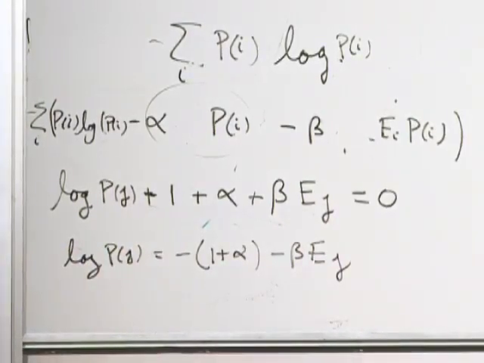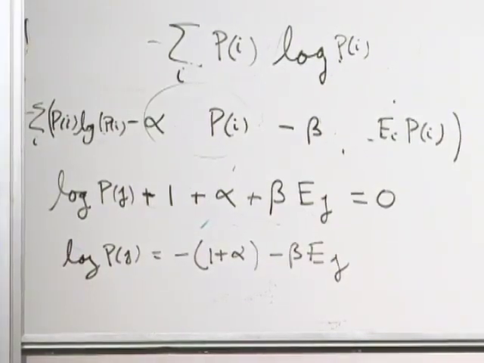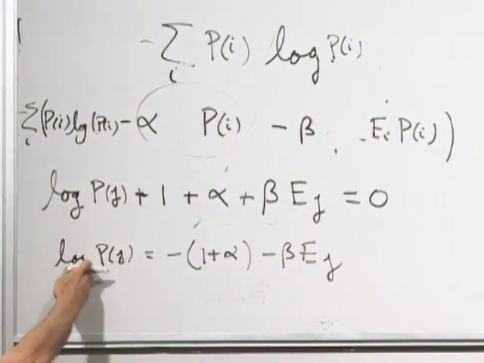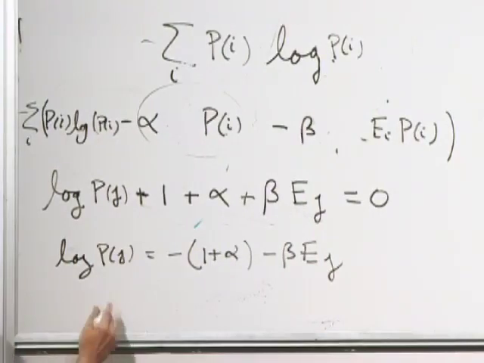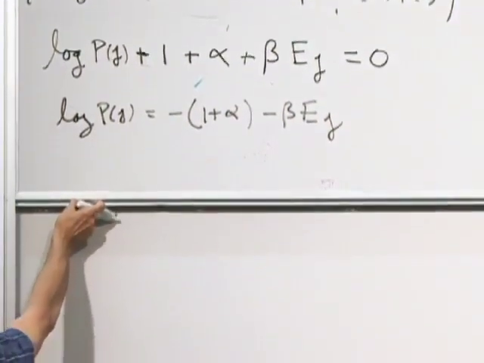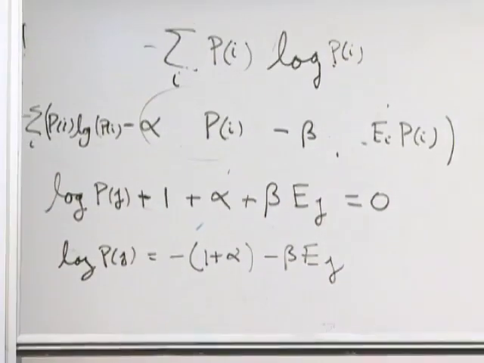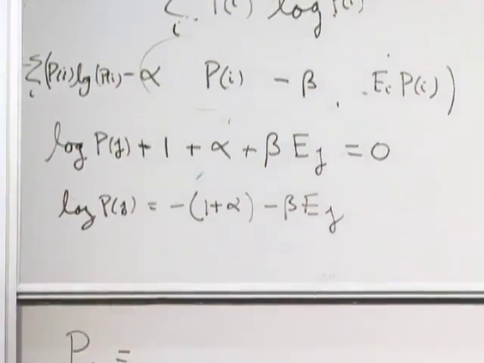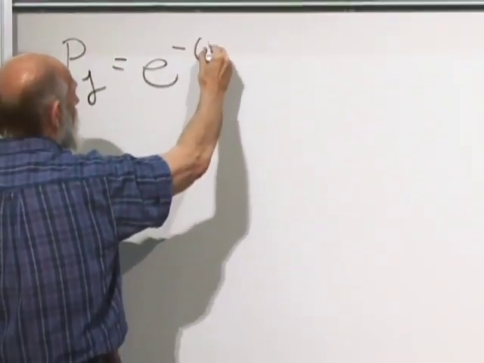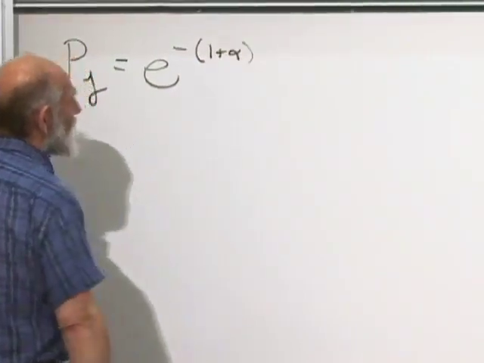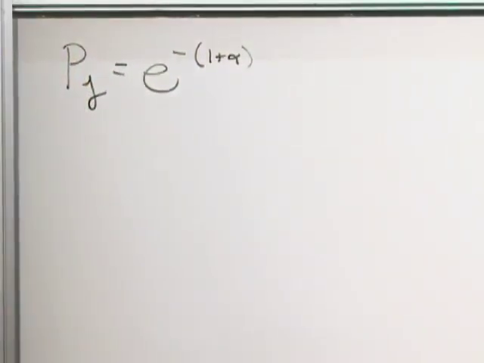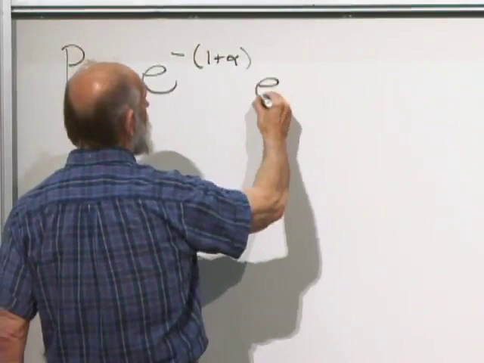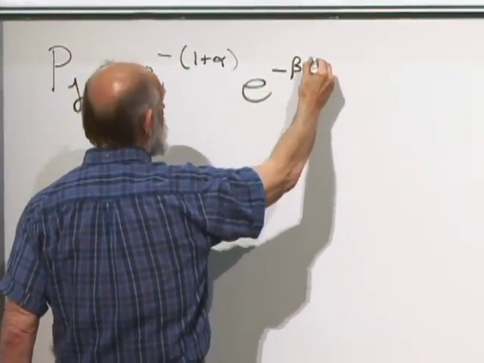Final step, to go from the logarithm of p to p itself, we exponentiate. Exponential of the left-hand side is pj, that's pj equals e to the minus 1 plus alpha times e to the minus beta ej.